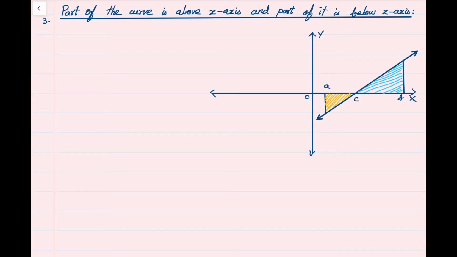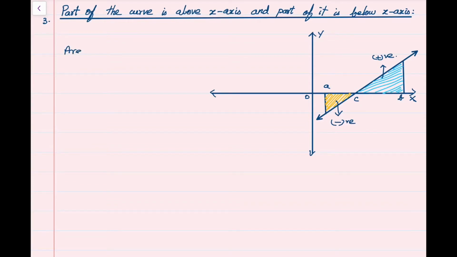We know that this yellow region is below the x-axis, so this will get a negative sign, and this region is above the x-axis and it will get a positive sign. We have to make that yellow area positive.